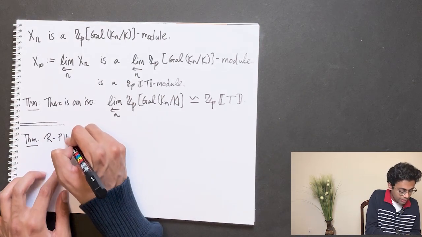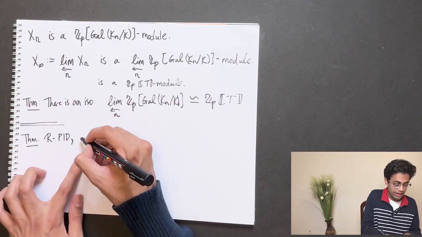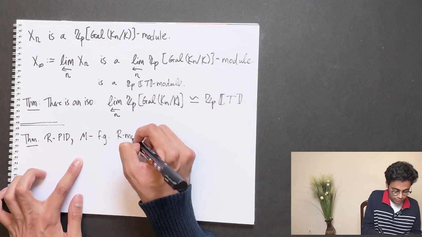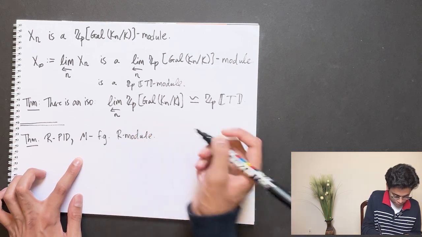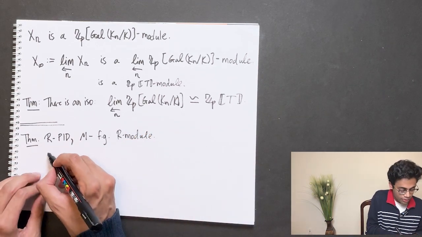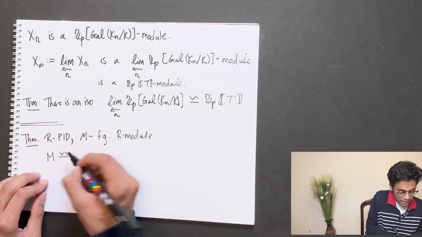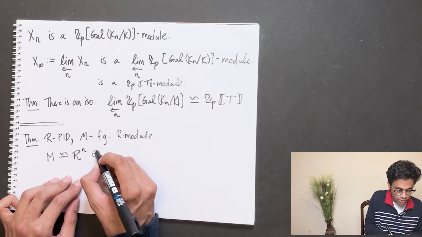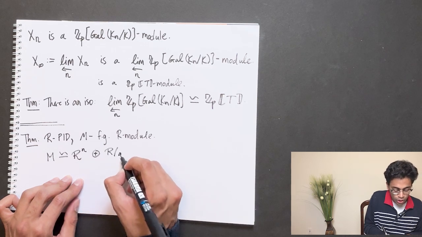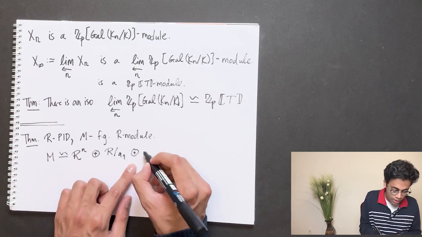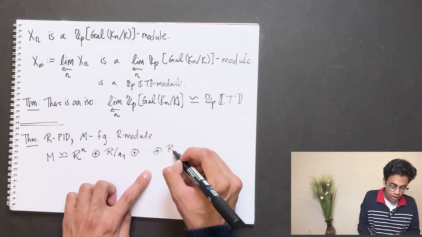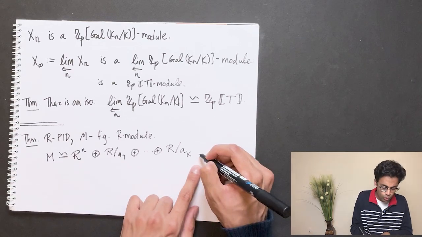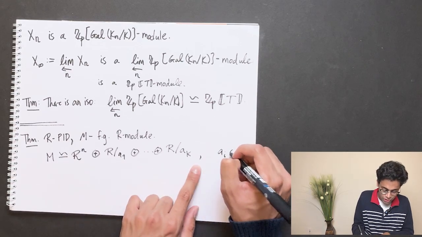If R is a PID, a principal ideal domain, and M is a finitely generated R module, then M is isomorphic to R to the N, direct sum R mod A1, R mod AK, where these A_i are just elements of R.